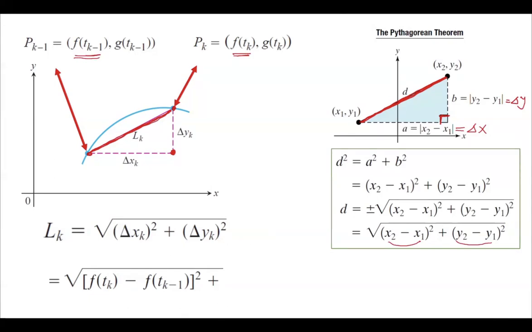So this is your larger x value, which is f of t sub k, and this guy on the left-hand side is your smaller x value, which is f of t sub k minus 1.